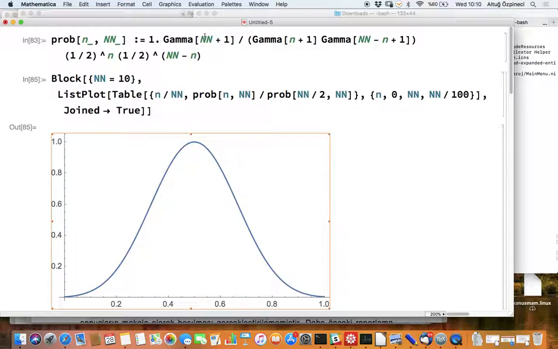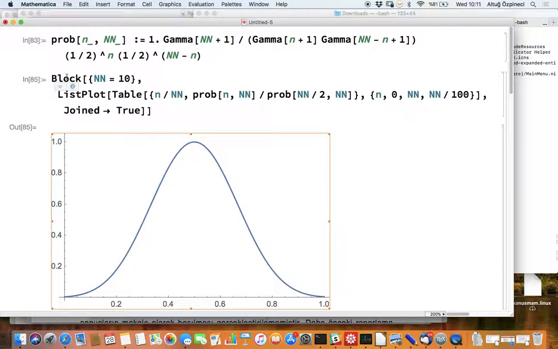This is basically capital N factorial. This is the small n factorial. This is their difference factorial. And then I have 1 over 2 to the power small n times 1 over 2 to the power capital N minus small n. This is the function I define in Mathematica. Well, the reason why I use the gamma function is just I want to make a smooth plot. So this gamma function is defined for all numbers, except on negative integers. Factorial is defined only for positive integers.